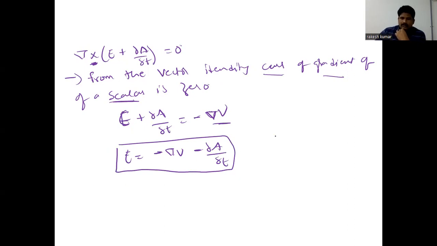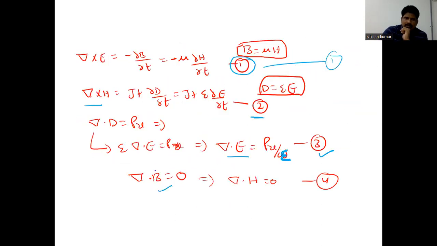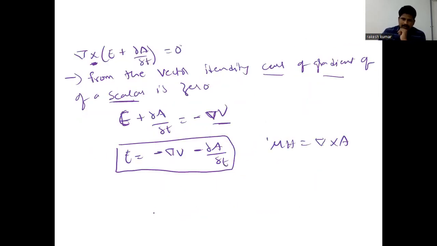Okay, so we know that mu H is equal to del cross A. Therefore, from equation 2, what is the expression? This is my equation 2: del cross H is equal to J plus epsilon into dou E by dou t.